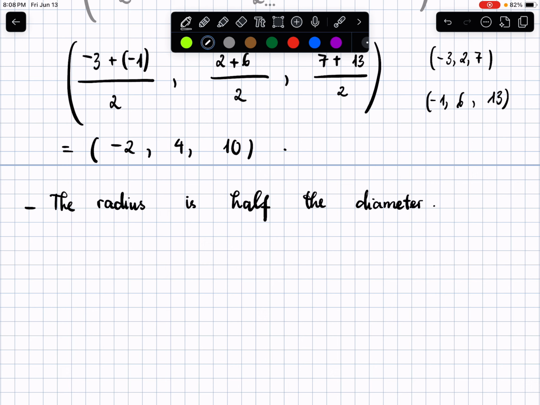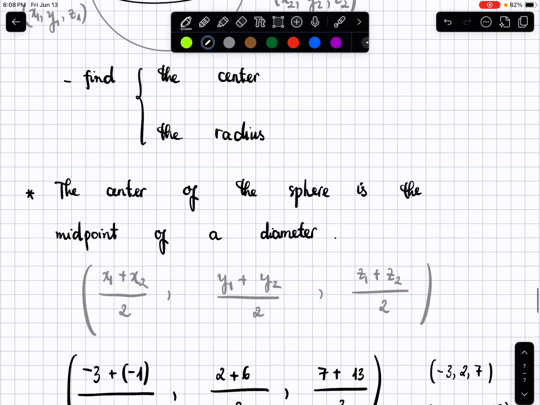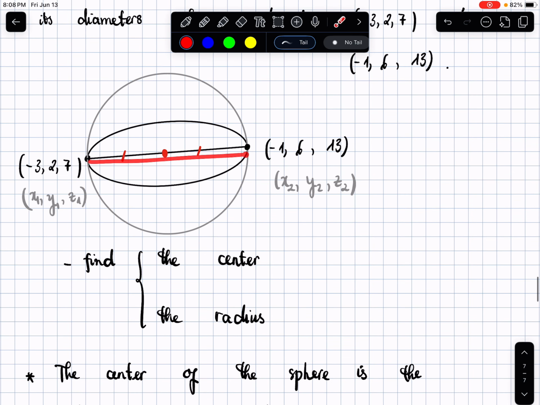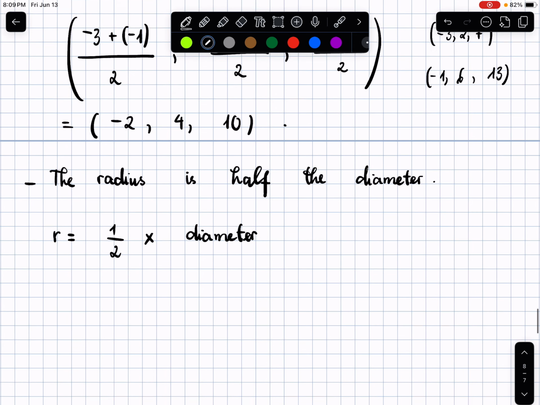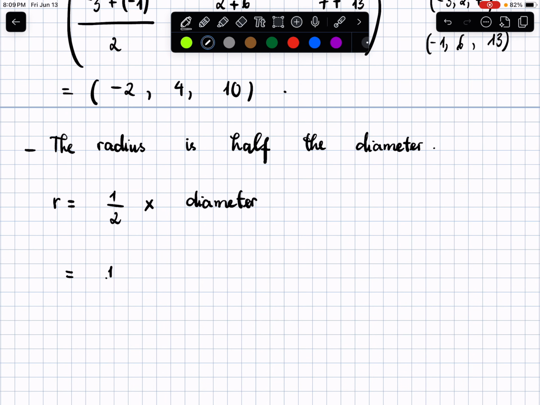So we have radius, say r, equal to 1/2 the length of the diameter, and the length of the diameter is the length of this vector, or should I call it AB? A and B, right? So the radius is 1/2 times the magnitude of vector AB.